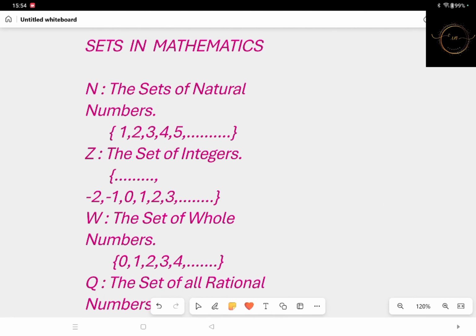Now, one more time, I'll talk about the sets in mathematics. What are the names of the sets?